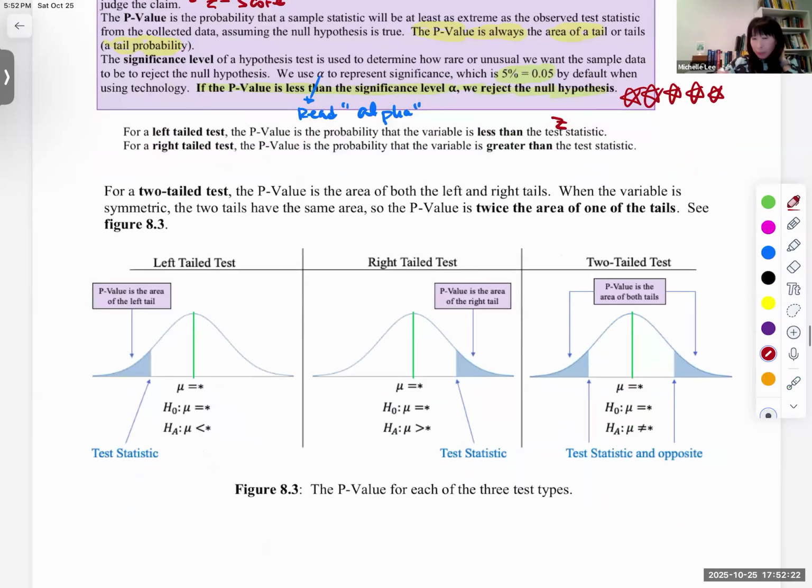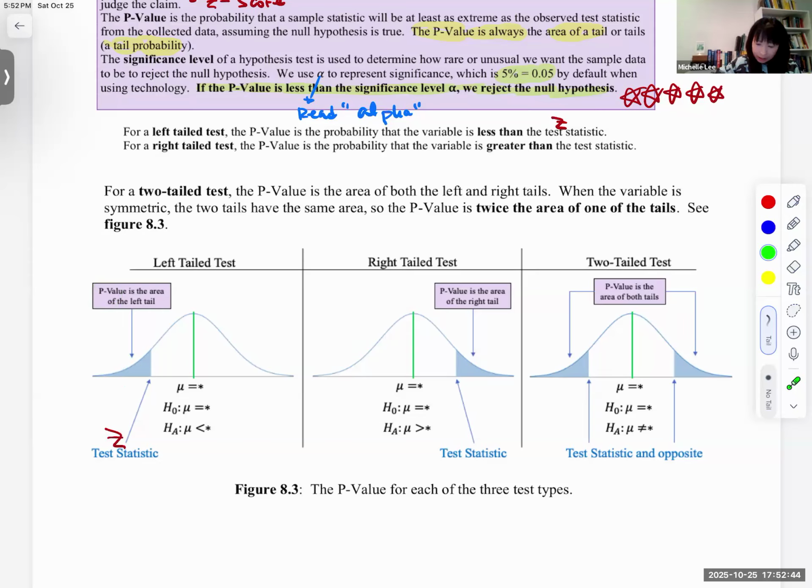Let me use a picture to understand better. So the left tail test: we have a z test statistic here, and then the p-value, which is the probability, is more to the left.